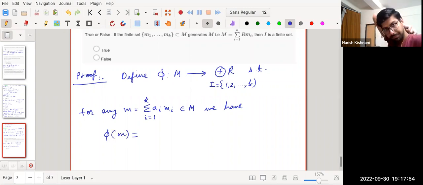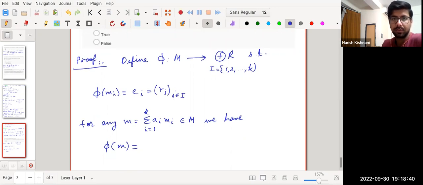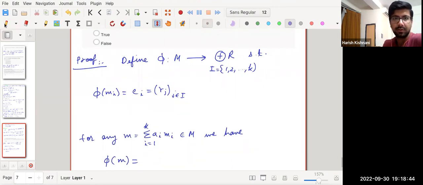Let us first define it for the E_i's such that phi of M_i is E_i, that is a sequence R_j, j belongs to I, such that R_j is 0 if j not equal to i, and R_j is 1 if j equal to i.